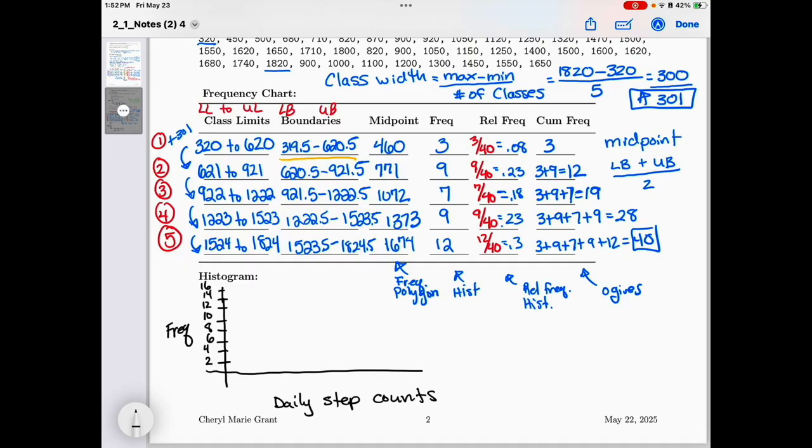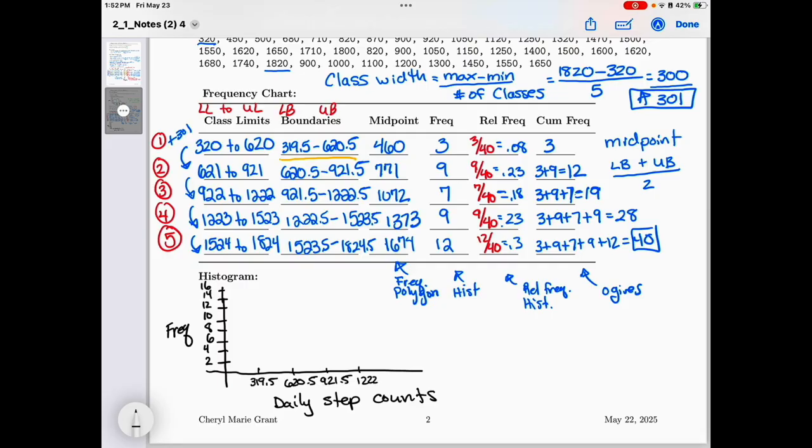And we always want to use, for this class, I know some people do it differently, but for my class, when we draw these by hand, we're going to use the boundaries. So I'm going to start at 319.5. Then we have 620.5. Then we have 921.5.